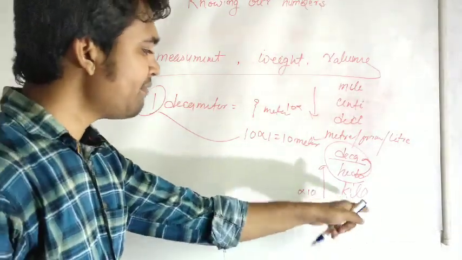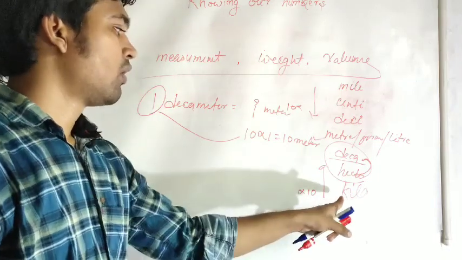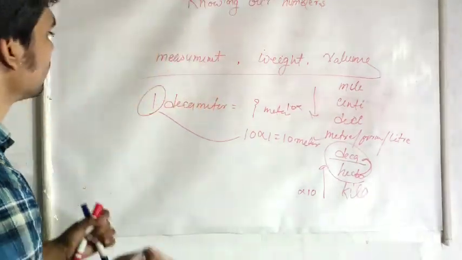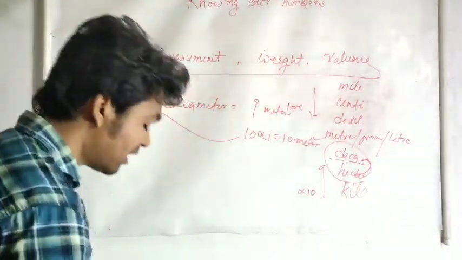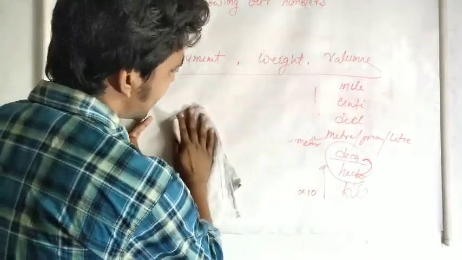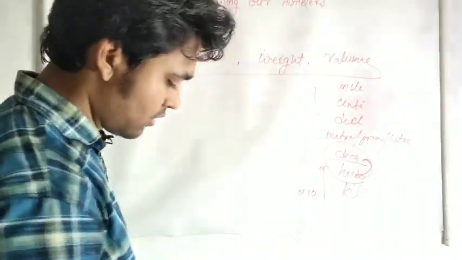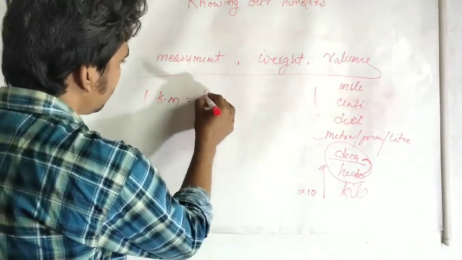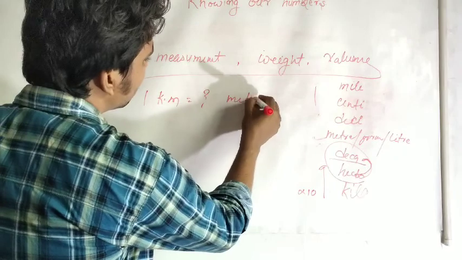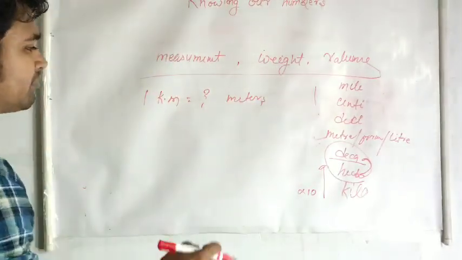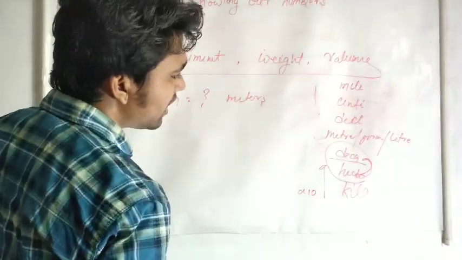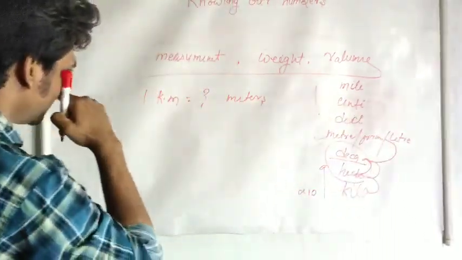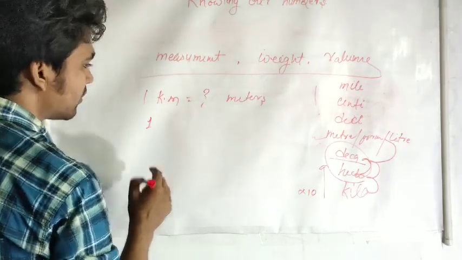Again, if we want to know that 1 kilometer contains how many meters, we already know, but we will discuss with the help of the chart. So again we say that 1 kilometer is equal to how many meters. What we see here is that meter is available at 1, 2 and 3 steps.